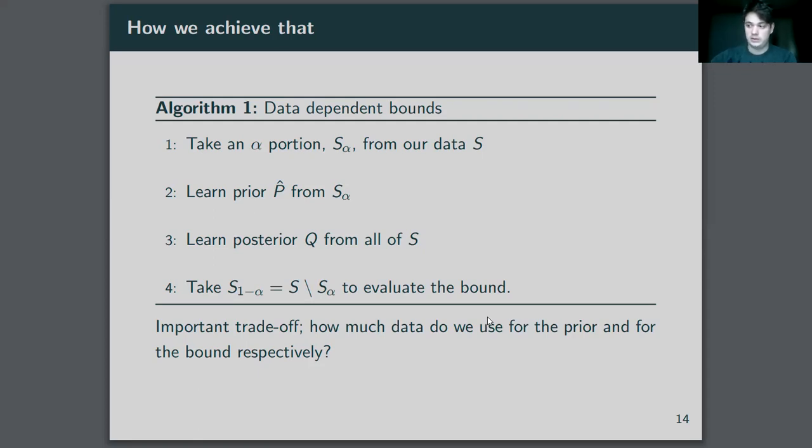So you train up until some point, you take those weights, make some distribution around those, and then you continue training with all of your data to get the posterior distribution. Thereafter, you take away the data you used to inform yourself about the prior, and then you evaluate your bound. So in this, there is an inherent trade-off that you can choose how much data you use for the prior and how much you use for the bound, respectively, which is quite a non-trivial question.